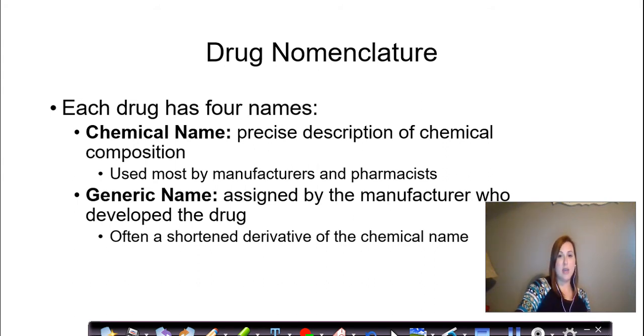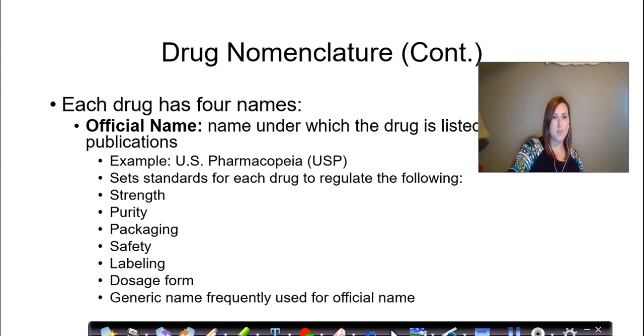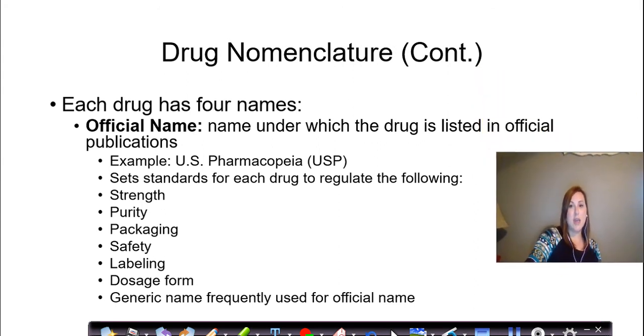The generic name is assigned by the manufacturer who developed the drug, so it's often a shortened derivative of that chemical name. You'll hear a lot of generics. Those are usually cheaper. The official name is the name under which the drug is listed in official publications, like in the Pharmacopeia. It sets standards for each drug to regulate the strength, purity, packaging, safety, labeling, dosage, and the generic name that's frequently used.